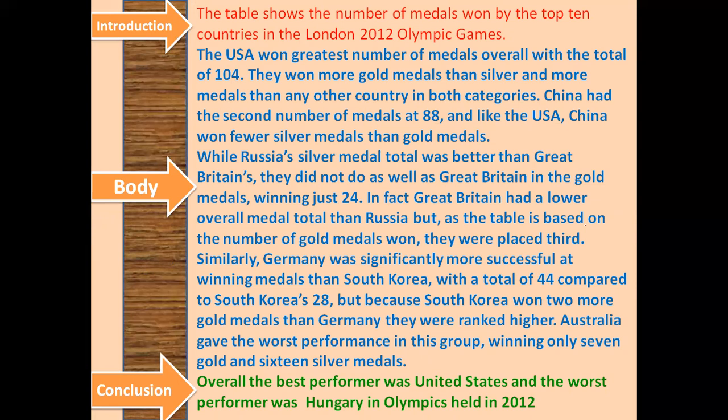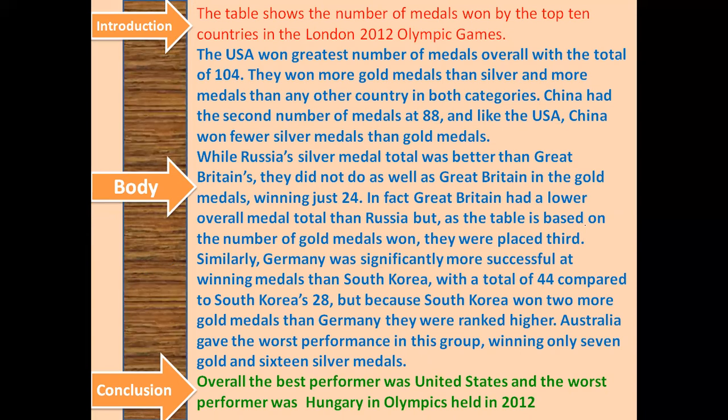As you can see, the USA is the number one country, because the USA has won more gold medals than any other country, and not only in gold but in silver medals as well.